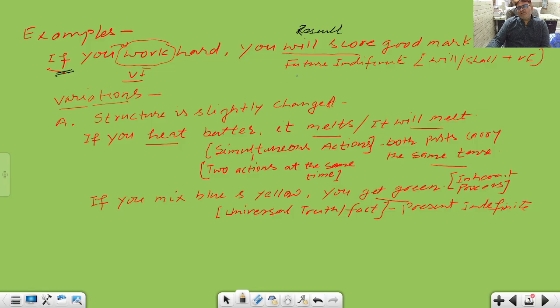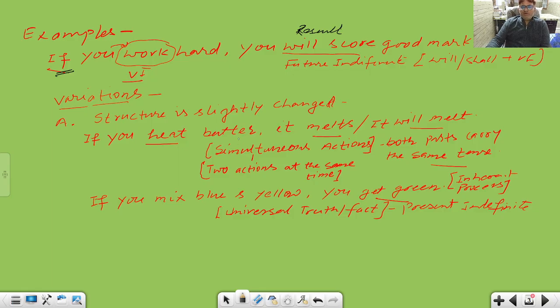This is a traditional structure which we often find, but sometimes some variations are also made. And these variations actually make it a bit confusing. So you should not get confused, because I will tell you how the variations are used.